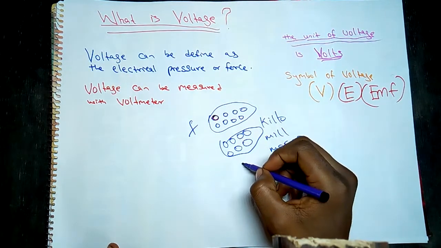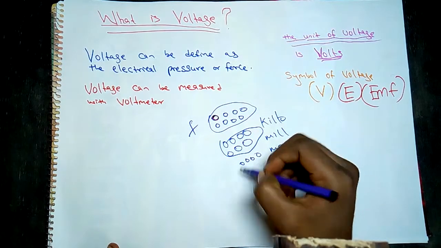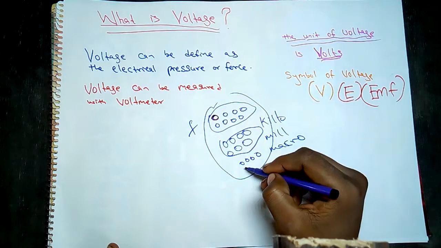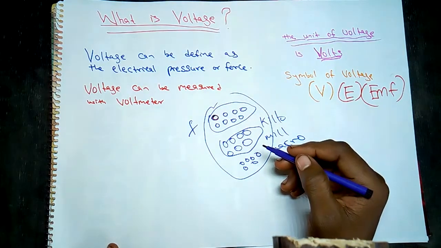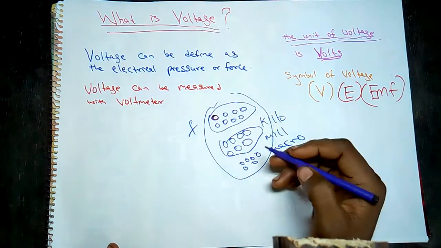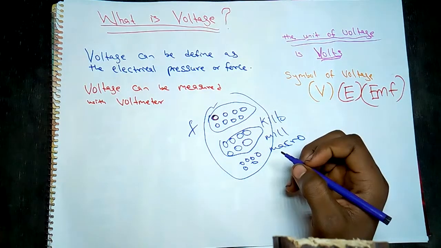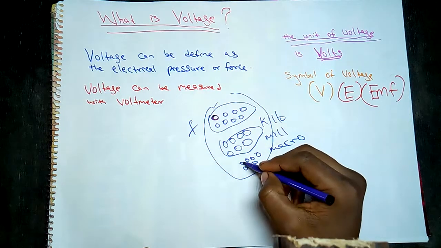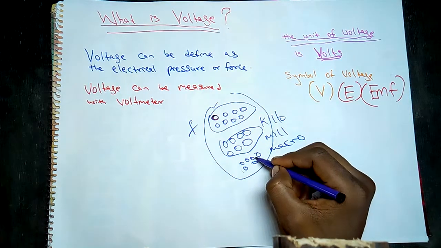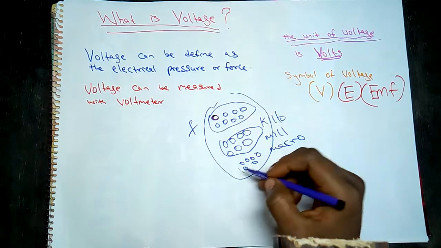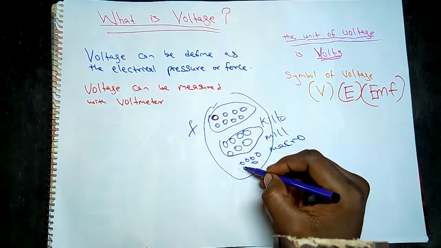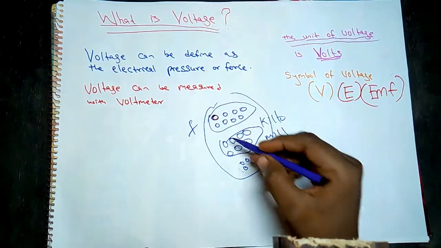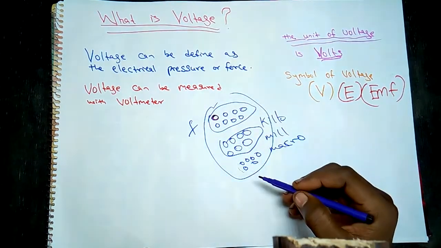But if we have a little bit of current, I'm using this as an illustration, and we apply a bigger force, a bigger voltage like kilo, mega, gigavolt to move this little piece of electrons, which is current, you will see that these electrons will move much faster. It will perform much faster work than the little force that we apply.